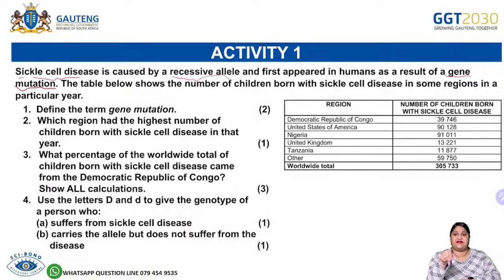So they are saying that there was a change in the nitrogenous base sequence. The table below shows the number of children born with sickle cell disease in some regions in a particular year. So these are the questions that we need to do. Define the term mutation.